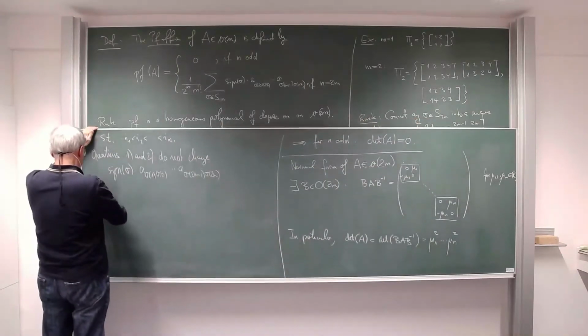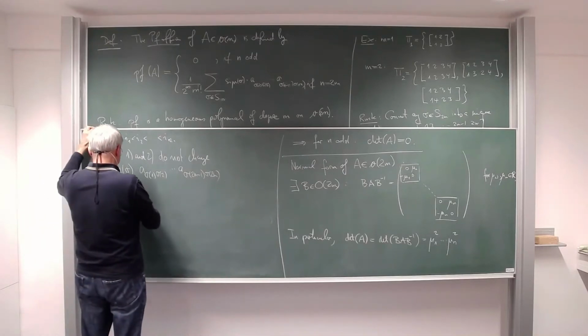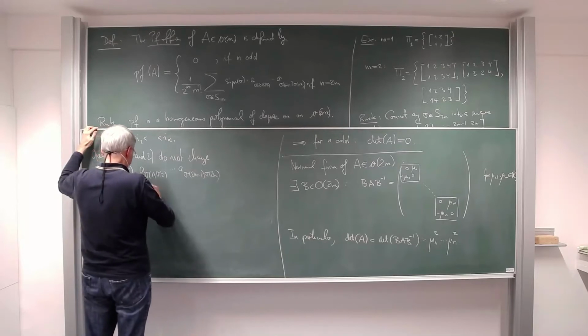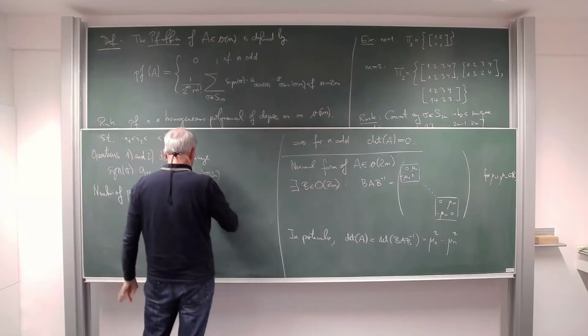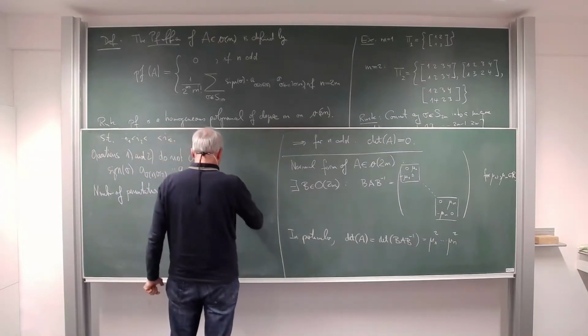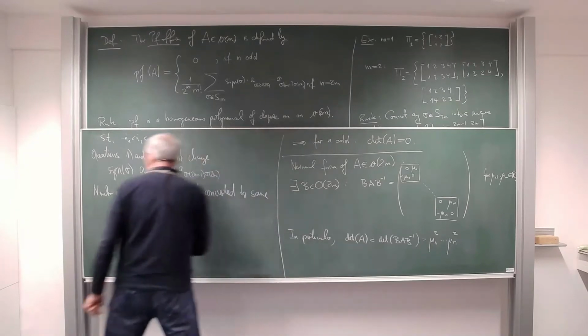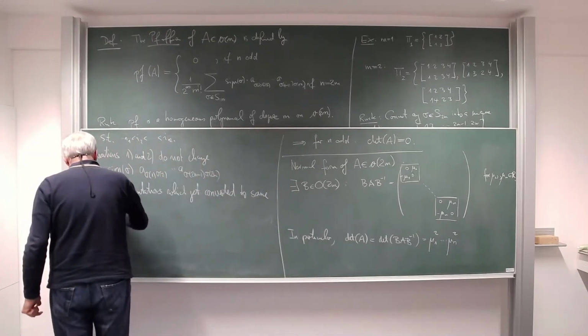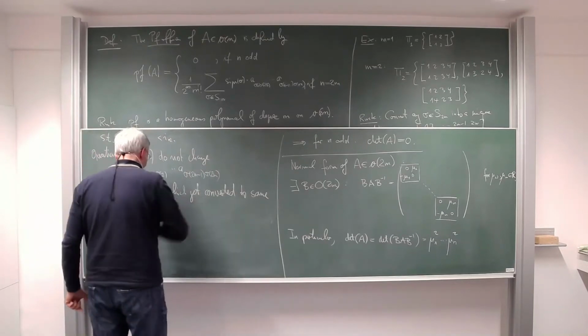The number of permutations which get converted to the same partition is m factorial.